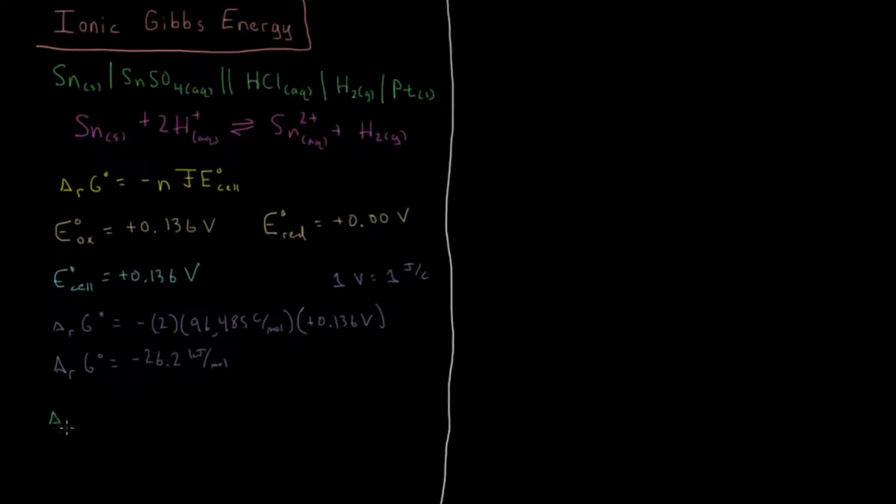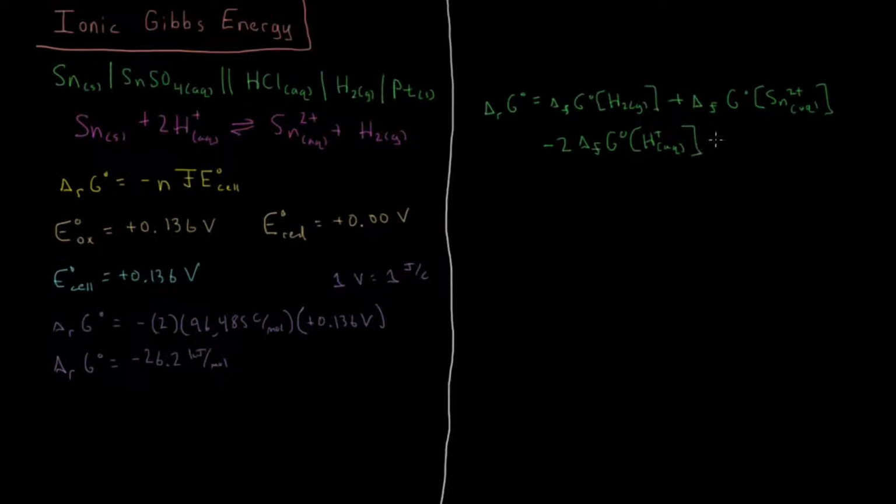So we can say the standard delta G of reaction for our total reaction is going to equal the standard Gibbs energy of formation of H2 gas, times only 1 mole of that, plus our other product, 1 mole of aqueous tin ions, minus for our reactants, 2 times the standard Gibbs energy of formation of aqueous H+ ions, minus a stoichiometric coefficient of 1 for the standard Gibbs energy of formation of solid tin.